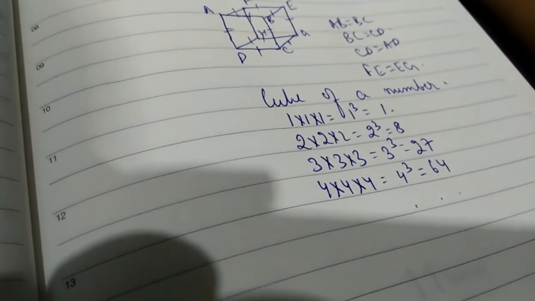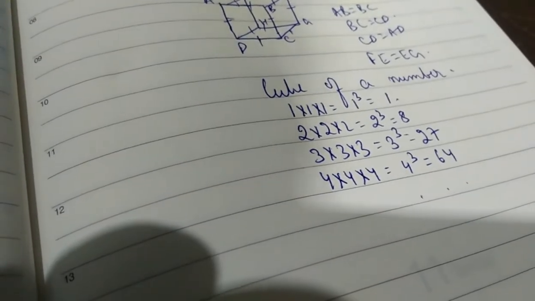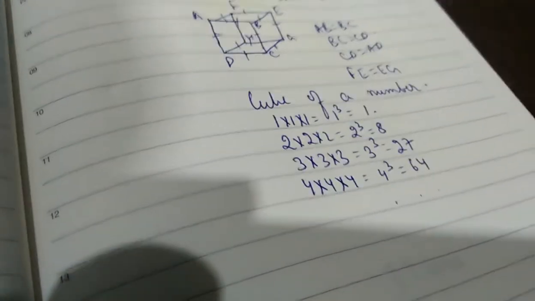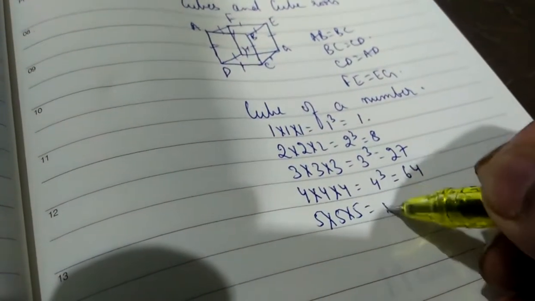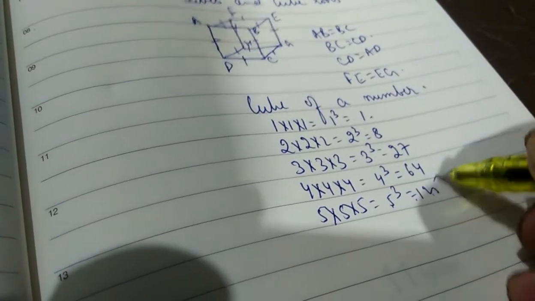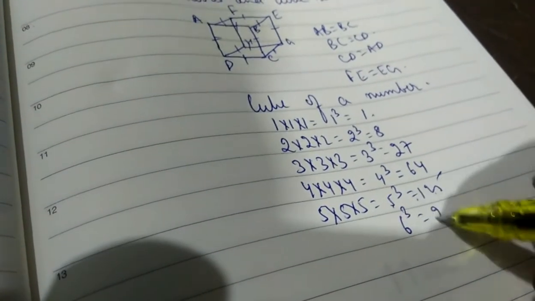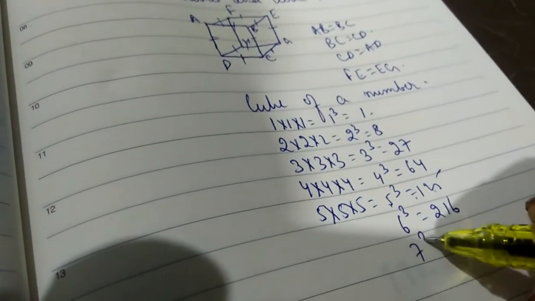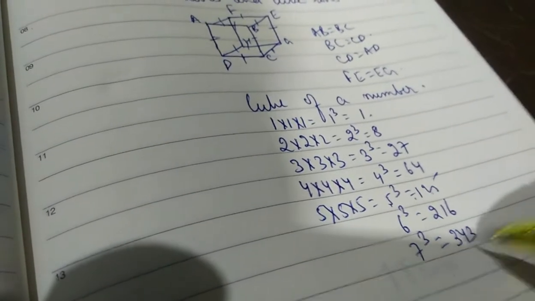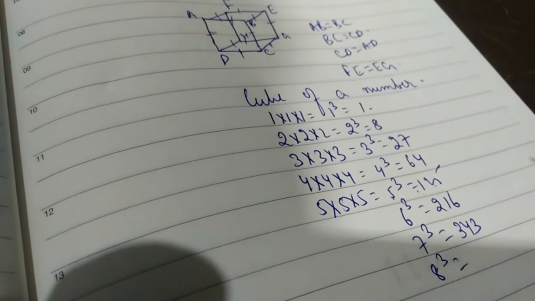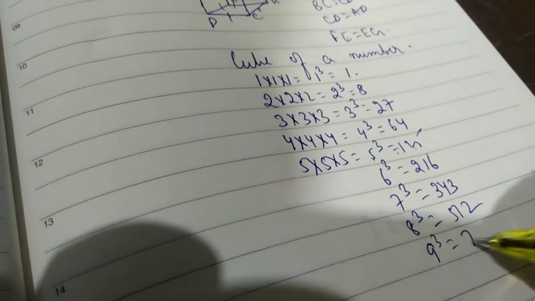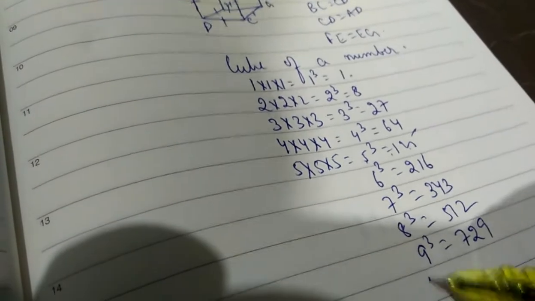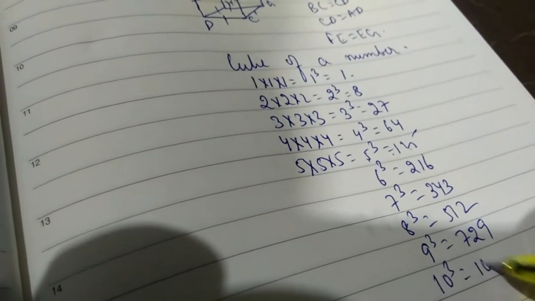Okay, so if you draw the table of the first 10 numbers, let us complete this table. 5 into 5 into 5, so 5 cube is equal to 125, 6 cube is equal to 216, 7 cube is equal to 343, 8 cube is equal to I think 512, let me check it. 9 cube is equal to I think 729, 10 cube is equal to 1000.